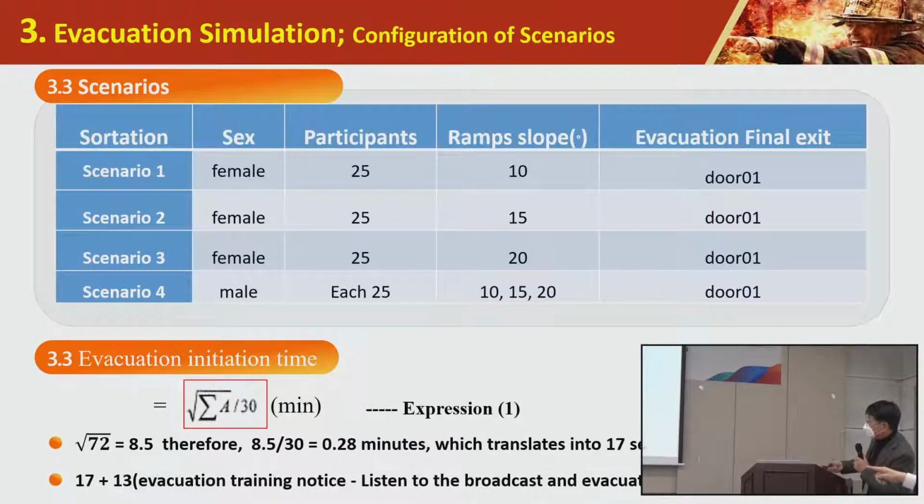Classroom capacity area. Yes, classroom capacity area. Listen to the announcement: no fire, no protest, and evacuate yourself.